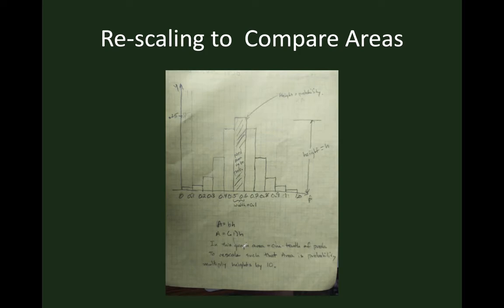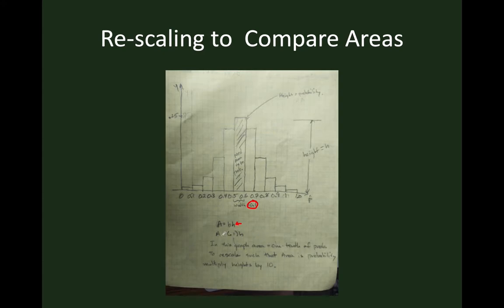And so I need to think about how do I rescale so that instead of the height being the probability, it's the area. These are rectangles, and so the formula for area is base times height. I know the class width here is 0.1, the way I set up my histogram.